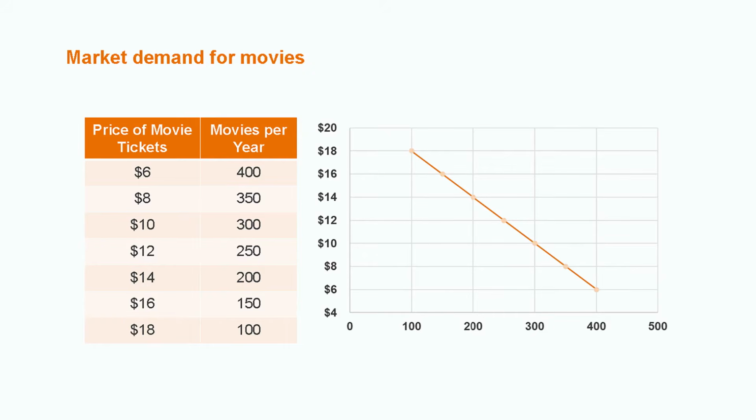At $8, the entire town demands 350 movies, so on and so forth. We would then take this demand schedule and plot it onto a chart, just like we did before for Sally. And we might end up getting a curve like this, except now this is going to be called the market demand curve instead of the demand curve for individual people in the town.